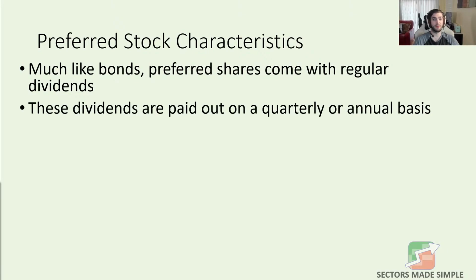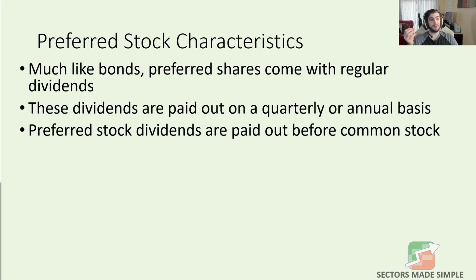These dividends are paid out on either a quarterly or on an annual basis. So what that means is they might pay you out quarter 1, quarter 2, quarter 3, quarter 4, or they might only pay you out once a year. Additionally, you know how when you own shares of a company like Disney that pays out dividends, you kind of just get whatever they want to give you?